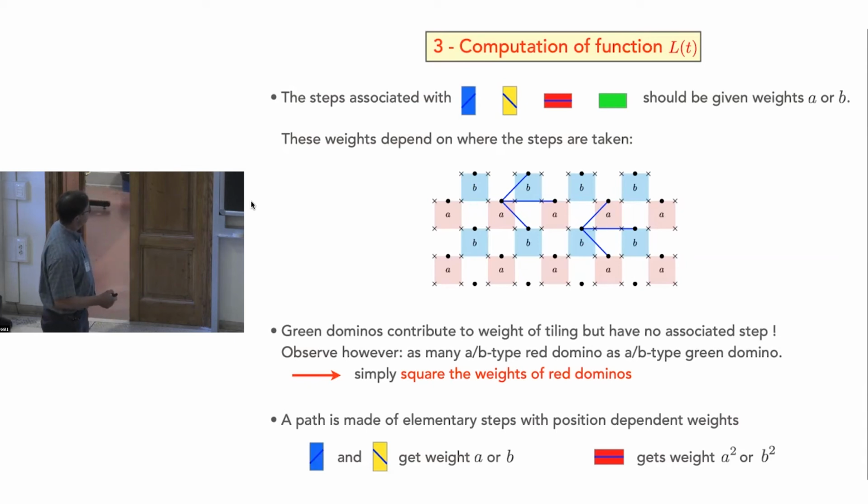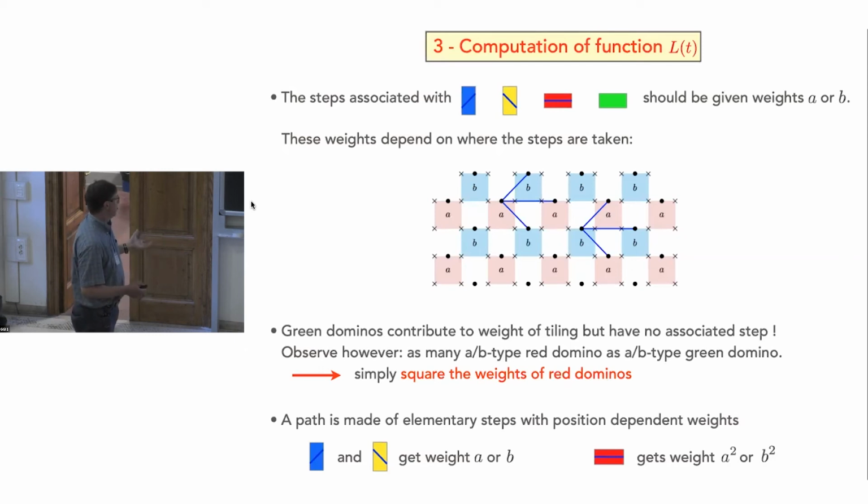The structure is two periodic, so it's not so difficult. The only slightly tricky thing is that the green dominoes contribute to the weight of a domino tiling, but they carry no step. And therefore, it seems we miss the weight brought by the green dominoes.